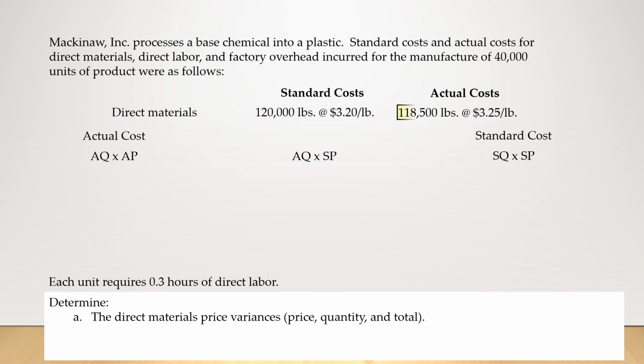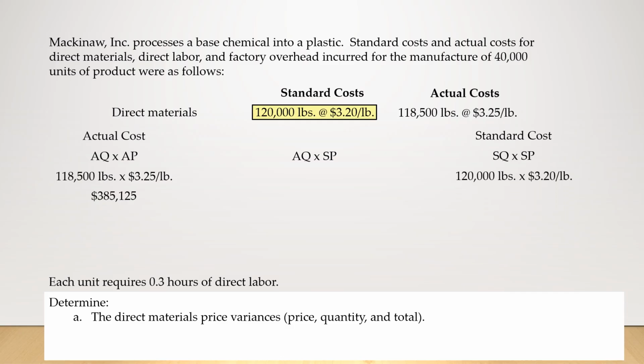Actual costs are 118,500 pounds times $3.25 per pound, or $385,125. Standard costs are 120,000 pounds times $3.20 per pound, or $384,000.